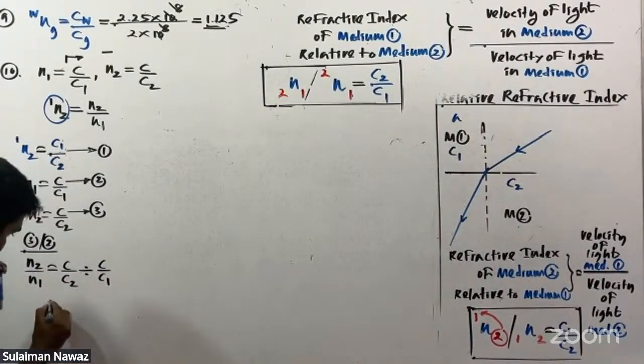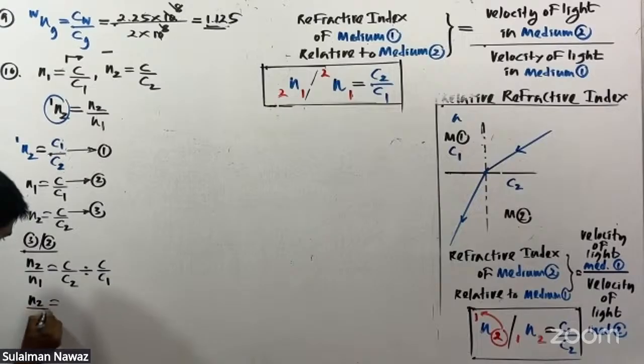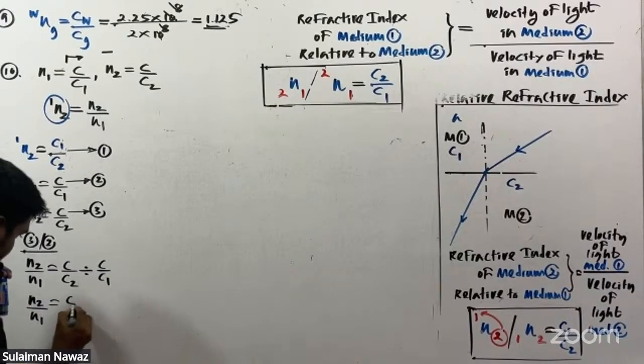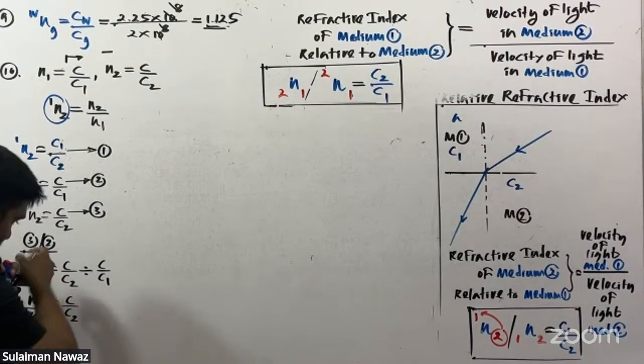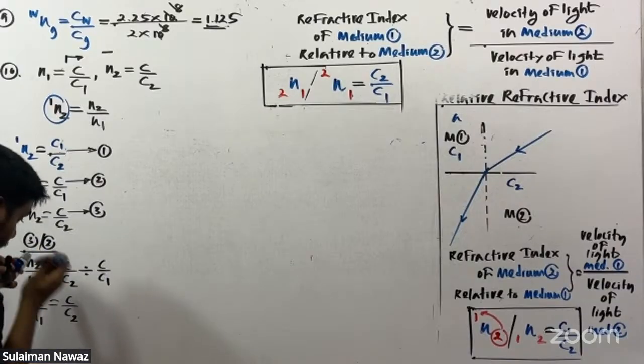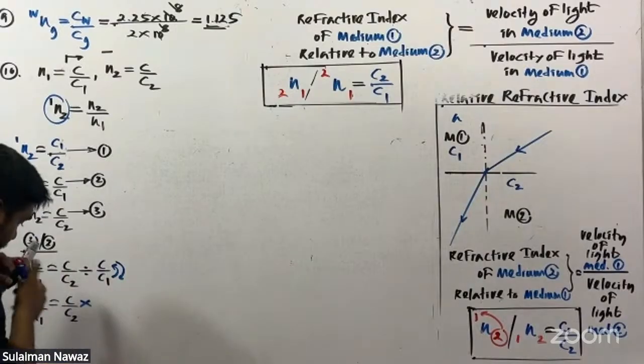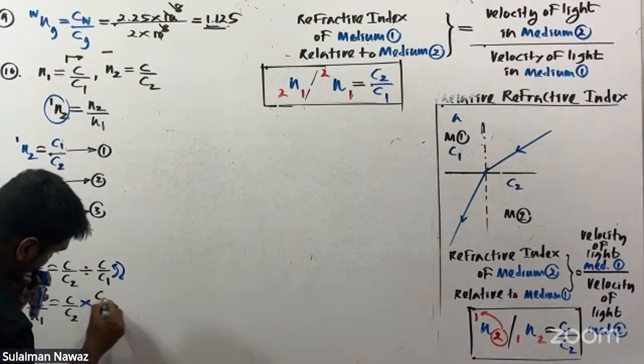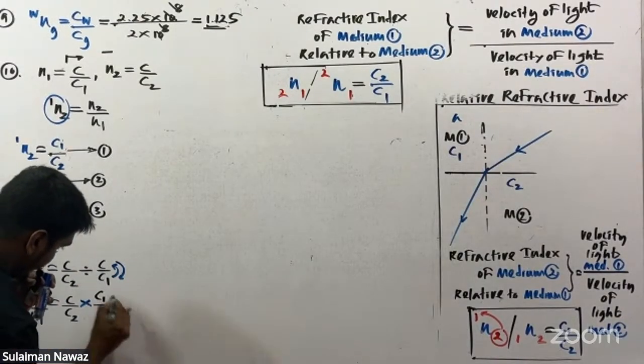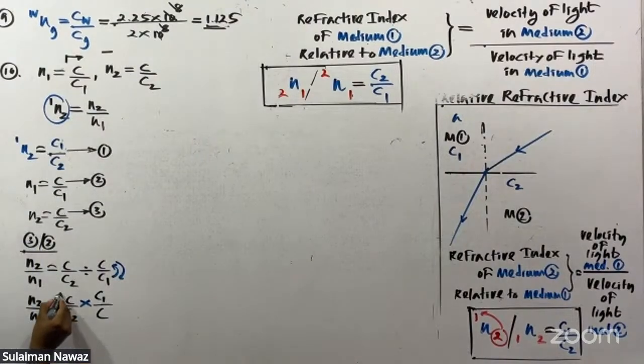Division becomes multiplication by the reciprocal, so C1 over C2. Here C cancels out. I can write N2 to N1 ratio must be equal to C1 over C2.